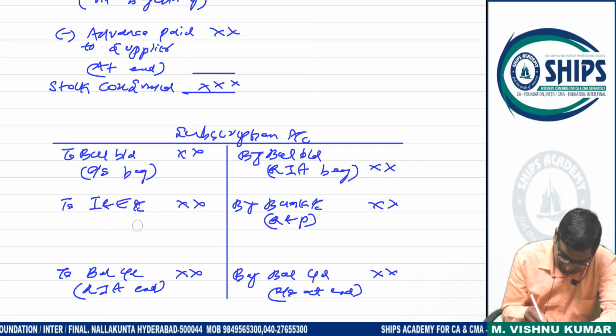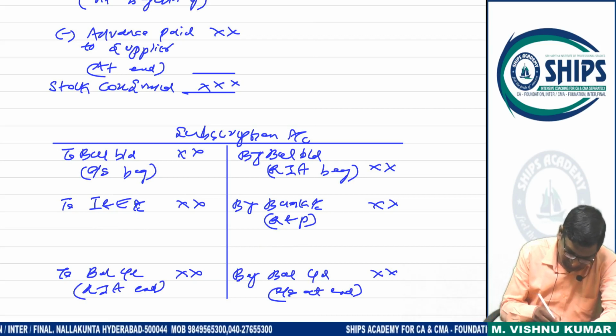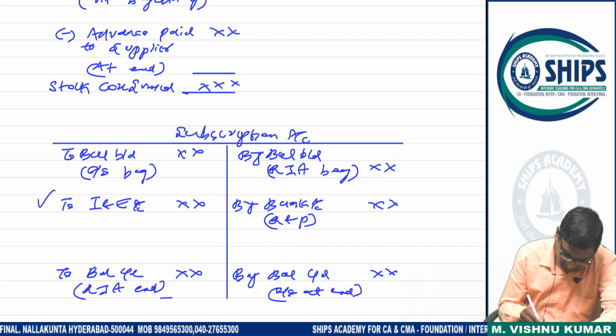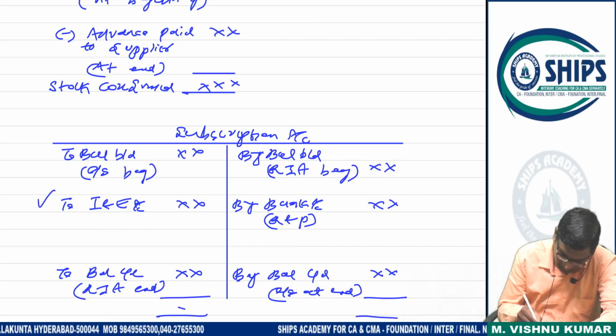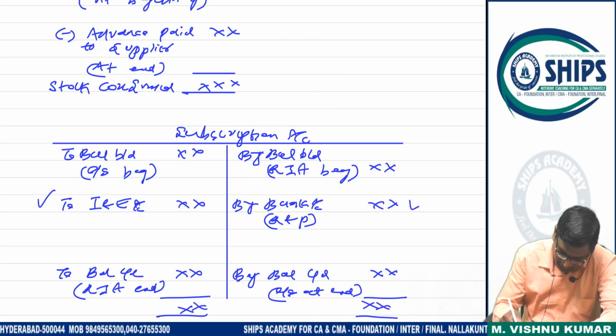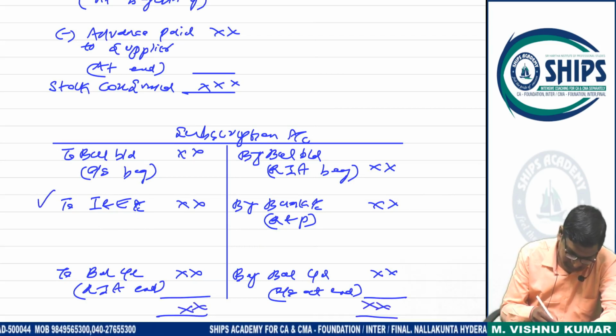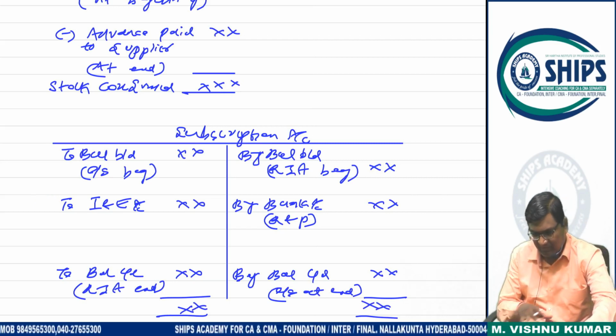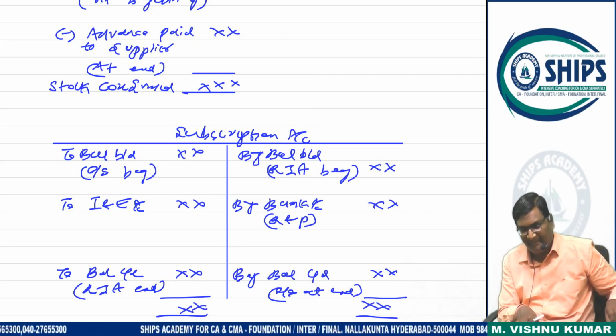Suppose if you are preparing the income and expenditure account, this figure is required. If you are preparing the receipts and payments account, this payment is required. Understand? This is the subscription account. Clear?